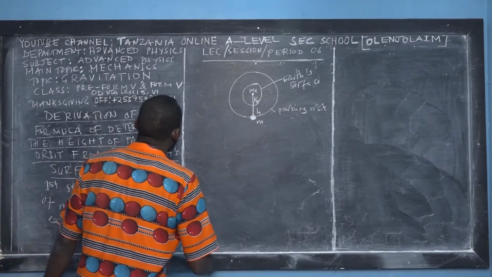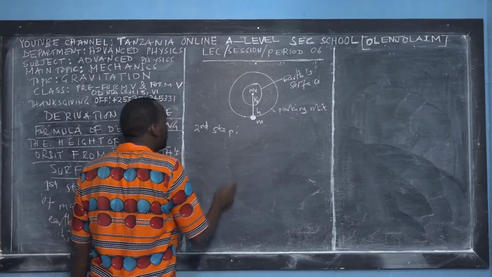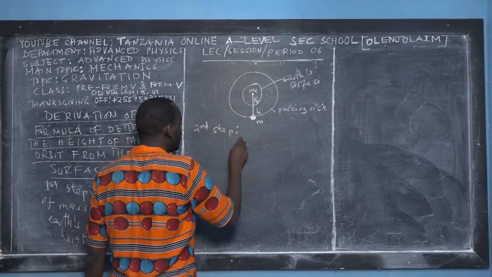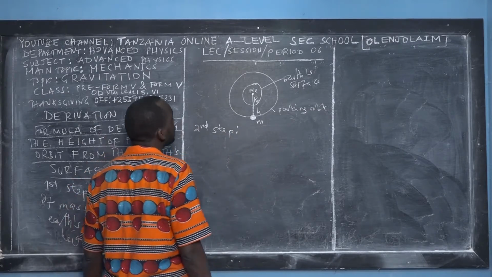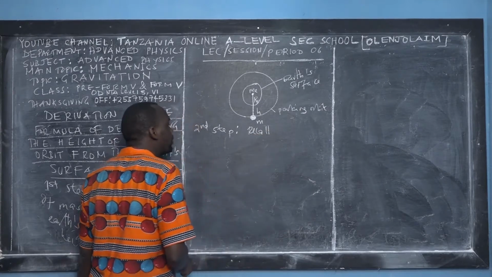Okay, so the second step now, we need to recall a formula that I taught you in period 5, in the lecture or session of period 5. We derived the formula of the period.